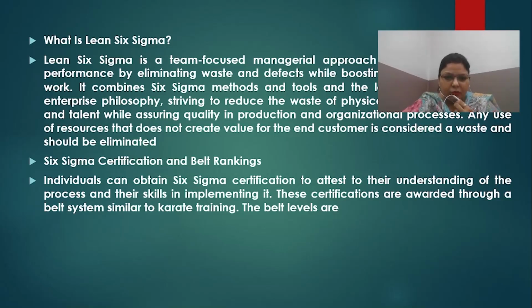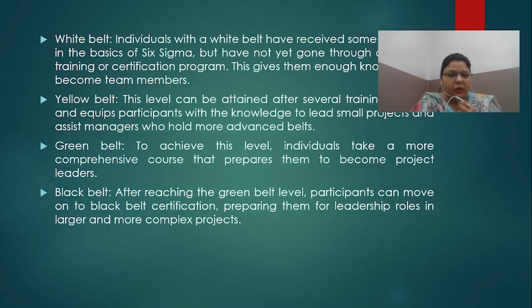Similar to karate training, the belt levels start with white belt. Individuals with a white belt have received some instruction in the basics of Six Sigma but have not yet gone through any formal training or certification program. This gives them enough knowledge to become team members.